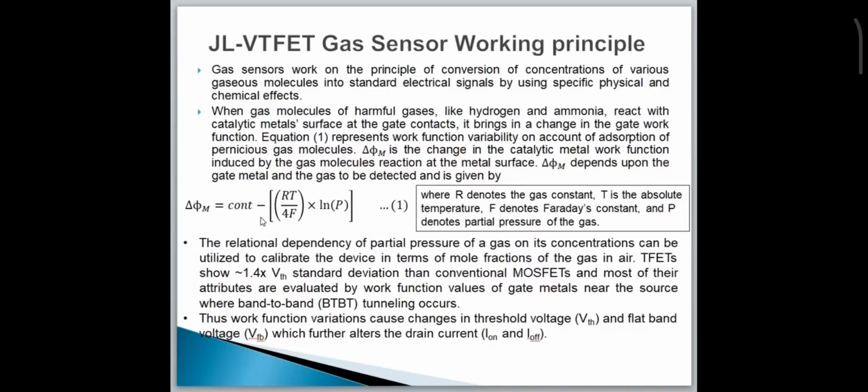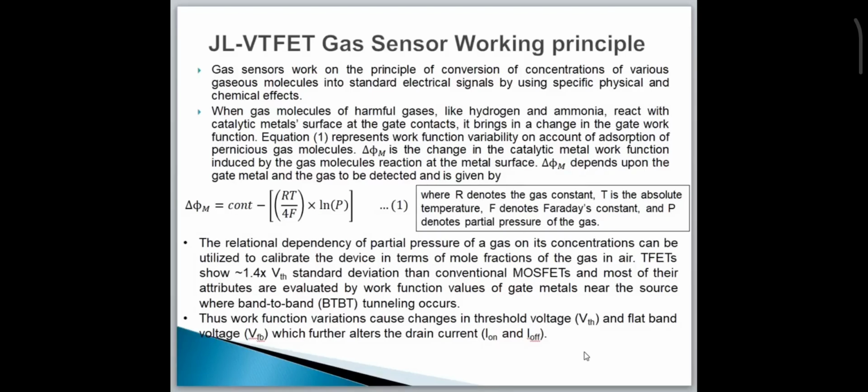This factor will depend on how the gate work function modulates, in which R denotes the gas constant, T is the absolute temperature, F denotes Faraday's constant and P denotes the partial pressure of the gas. The relational dependency of partial pressure of a gas on its concentration can be utilized to calibrate the device in terms of mole fraction of the gas in air.